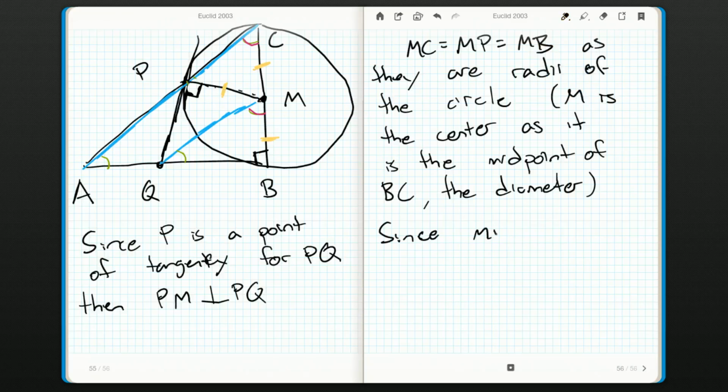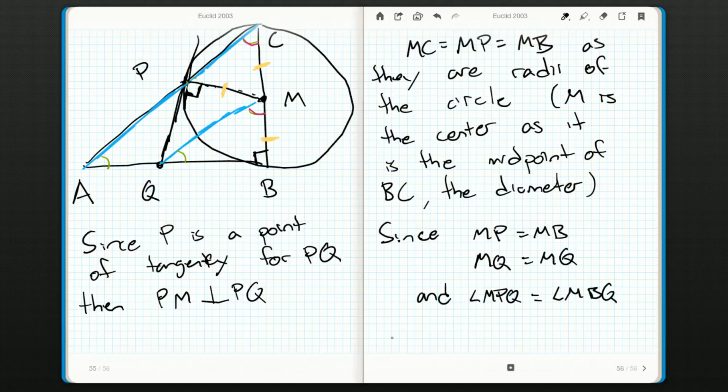So, since MP is equal to MB, and MQ, of course, is equal to MQ, and angle MPQ is equal to angle MBQ, then it follows that triangle MPQ and triangle MBQ are congruent.